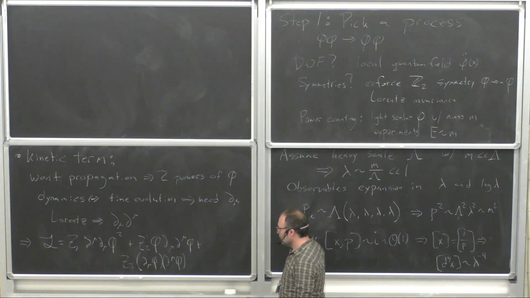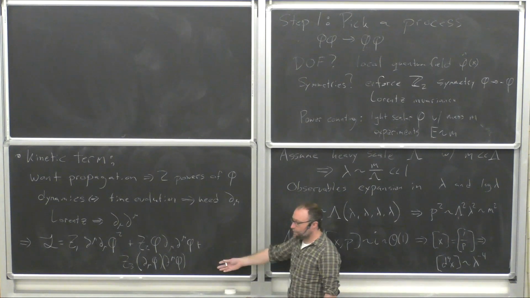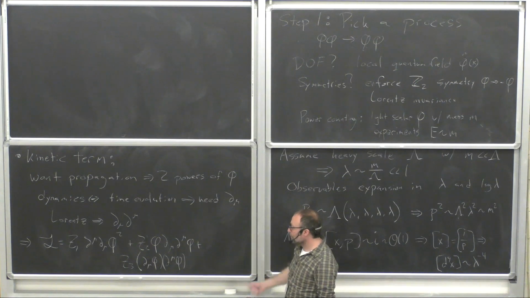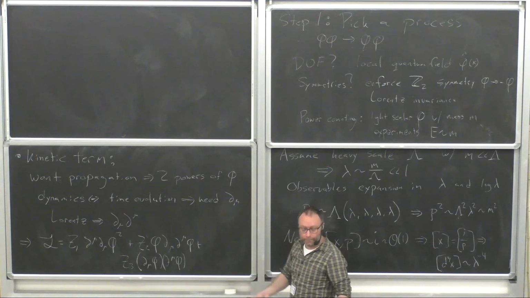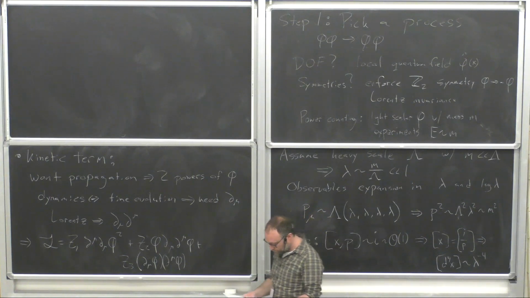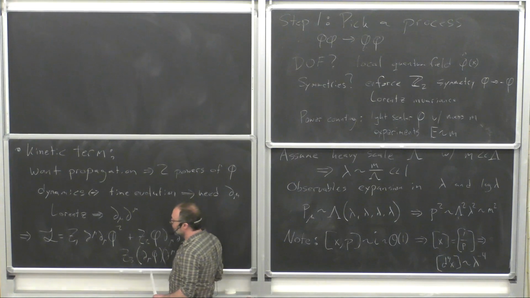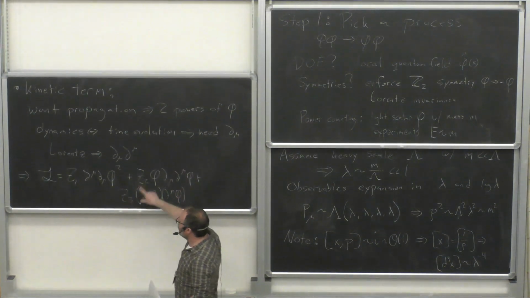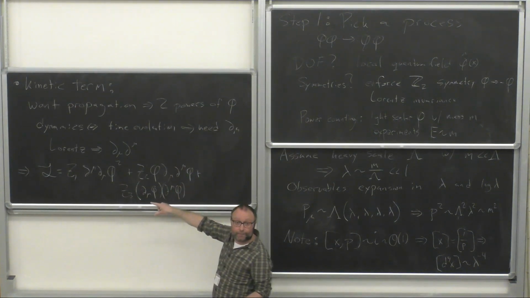Okay? So those are the 3 unique terms I can write using 2 phis and 2 derivatives. Okay? But notice I have unknown coefficients here, z1, z2, and z3.